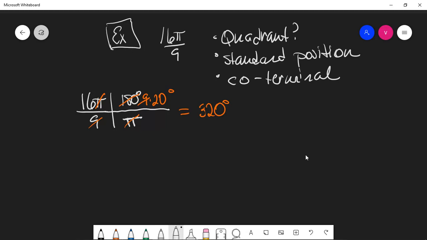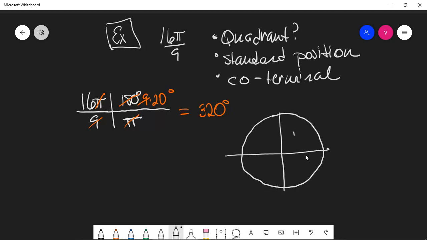Okay, so let's draw a circle again and find the quadrant, right? That's the first thing, we want to find the quadrant. So make a nice circle. Here's quadrant 1, 2, 3, and 4. Okay, so we always have our initial side starting here at 0 degrees.